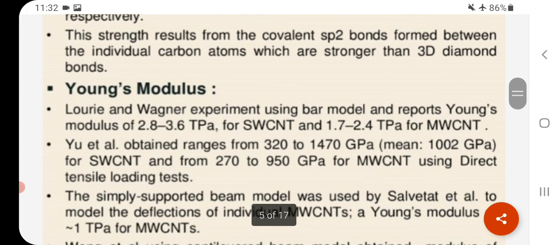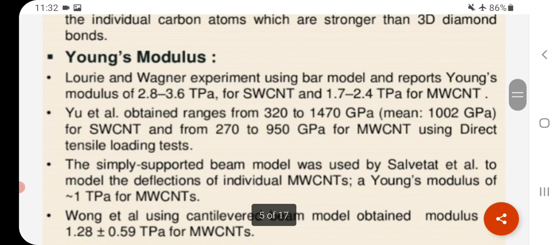Young's modulus. Lurie and Wenger experimented using a Bark model and reported Young's modulus of 2.8 to 3.6 terapascals for single wall carbon nanotube and 1.7 to 2.4 terapascals for multi-wall carbon nanotube.